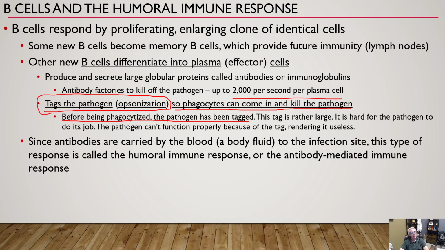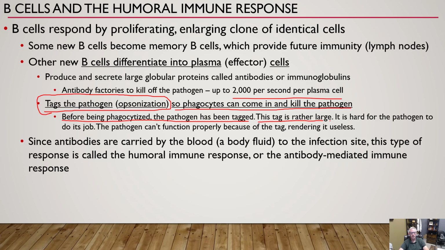Now, once we tag it, once we do this opsonization process, even though we haven't killed off that foreign pathogen yet, we've essentially rendered it useless. That tag is rather large, and it's very hard for that pathogen to do its job because of that tag being so large.